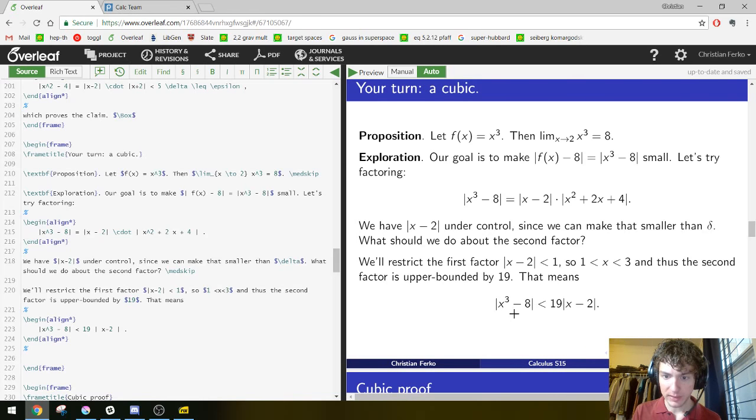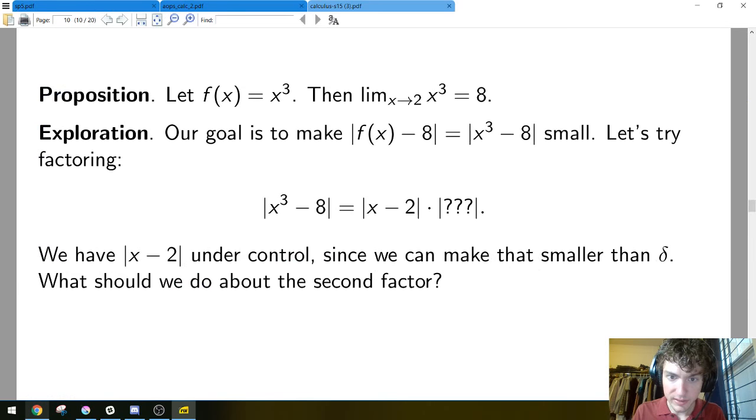We want to make the left side smaller than epsilon. We can make the absolute value of x minus 2 as small as we'd like. So if we want the whole thing to be less than epsilon, you might as well make this right factor smaller than epsilon over 19. Then the left side is going to be smaller than epsilon, because 19 times epsilon over 19 is epsilon.